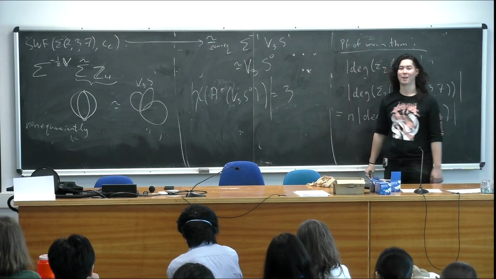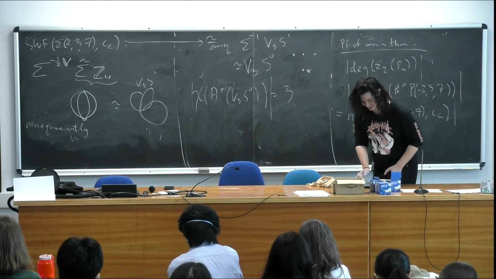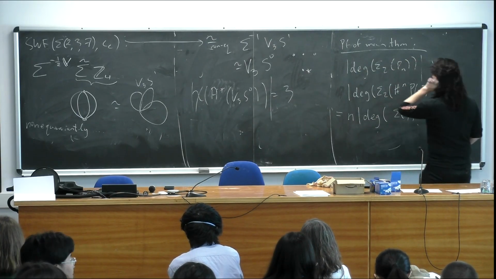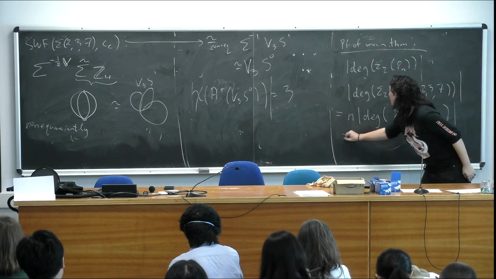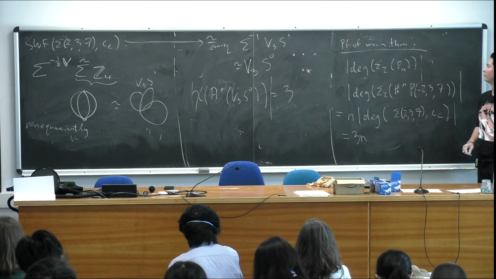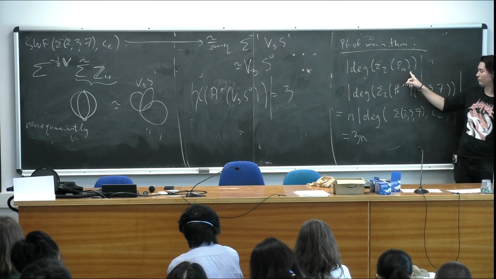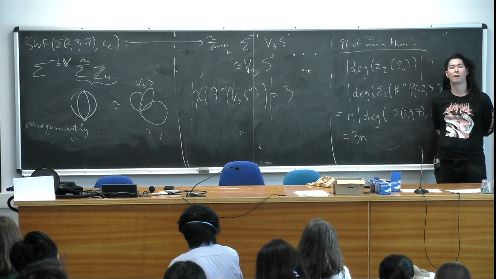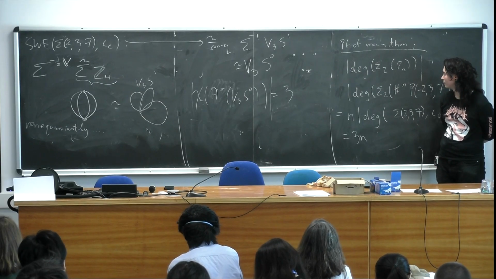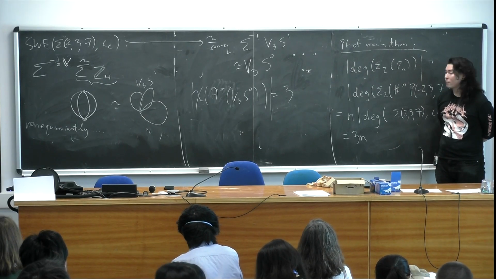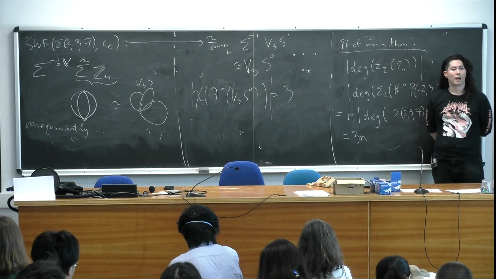After I take the absolute value, it's definitely 3. Okay, great. And so putting this all together, this is equal to 3n. And so all of these guys have different degree invariants, and so they are not smoothly isotopic.